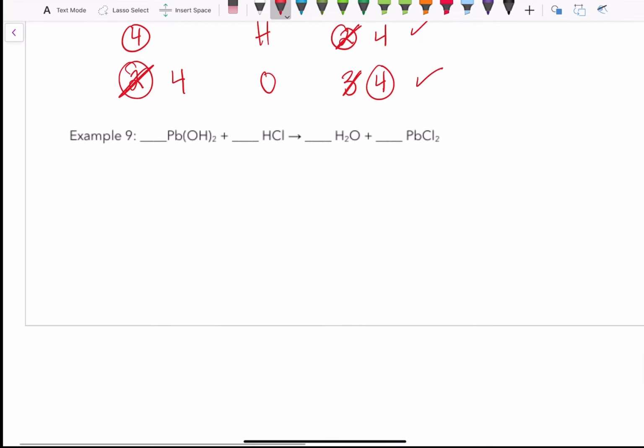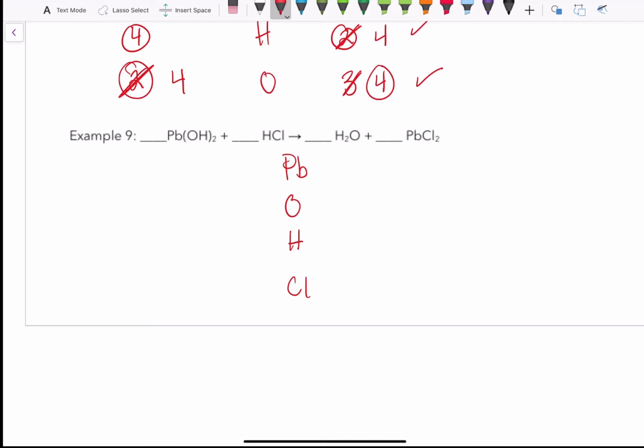Okay, this very last one. I want to walk through this one together because our hydrogens are separated on this side, but together on this side. So your atom inventory, we have Pb, O, H, and Cl. You'll notice I did not keep the polyatomic ion hydroxide together, and that's because it splits up on the other side.